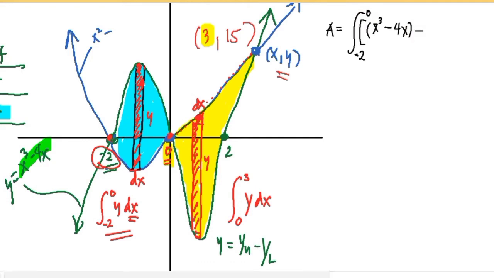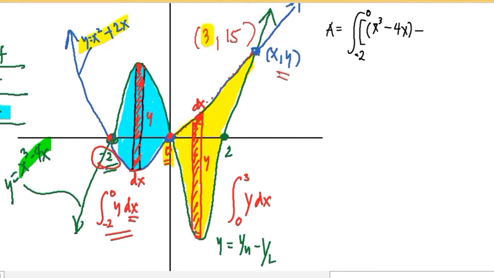This is y is equal to x squared plus 2x. So, ito naman yung y low natin. Ito yung y low, ito yung y up. Okay?